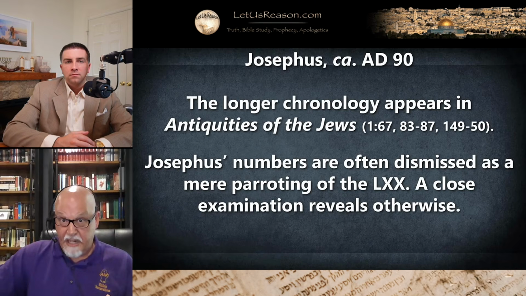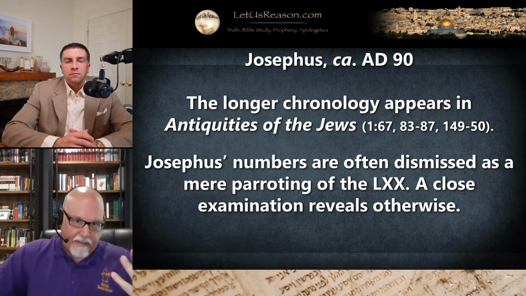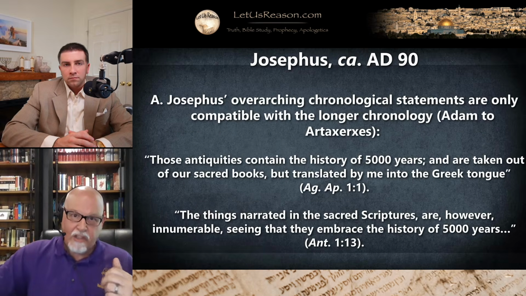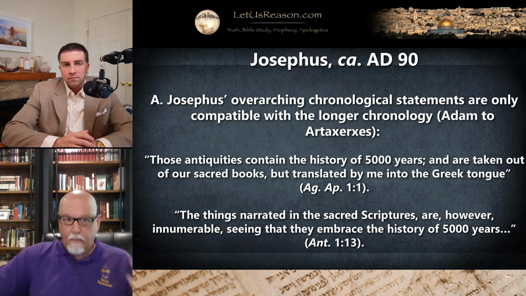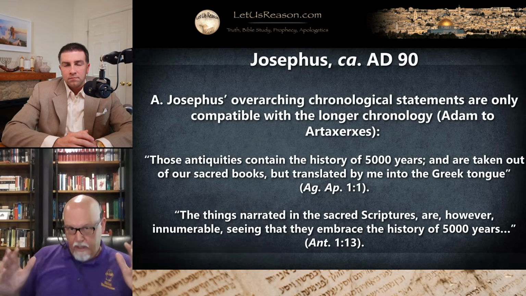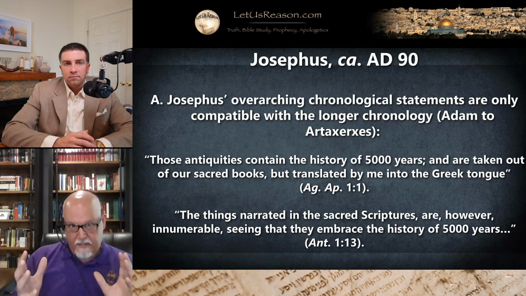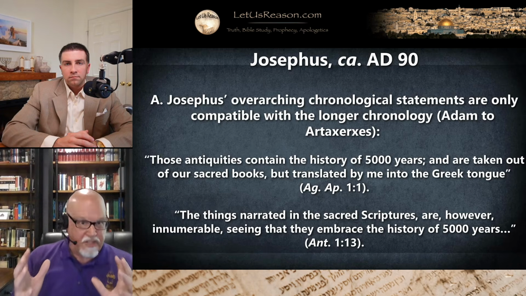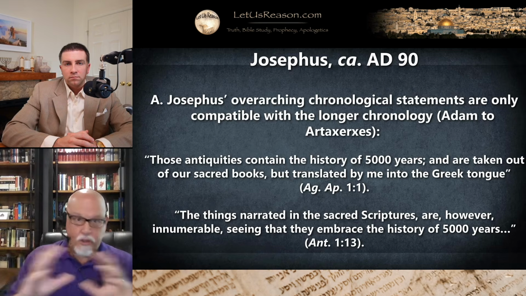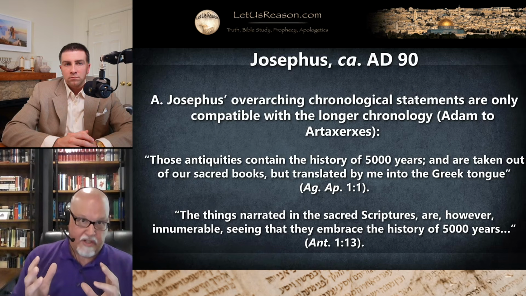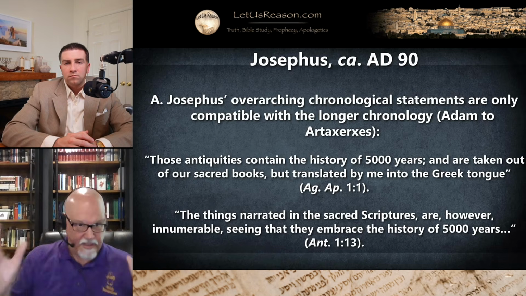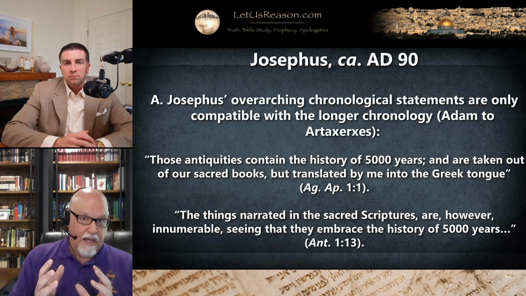You have to examine it very carefully, the idea that he was just parroting the Septuagint numbers. But actually, when you read a number of different things, you find out something different. One is that you have overarching statements about the history of the Bible, 5,000-year statements, I call them. And that's too long for the Masoretic chronology in Genesis 5 and 11. This only fits the longer chronology.